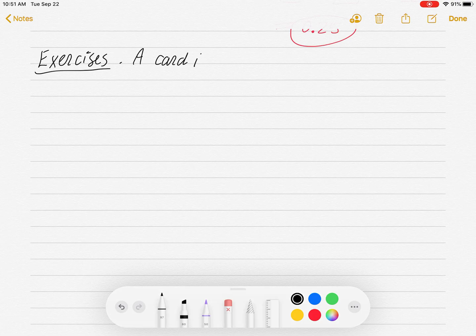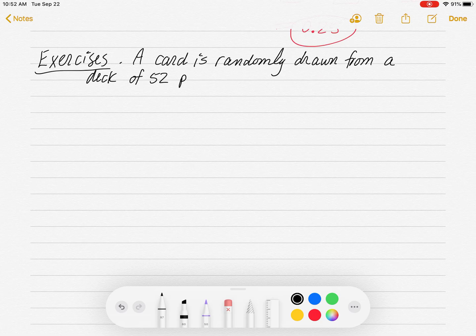A card is randomly drawn from a deck of 52 playing cards, and replaced.